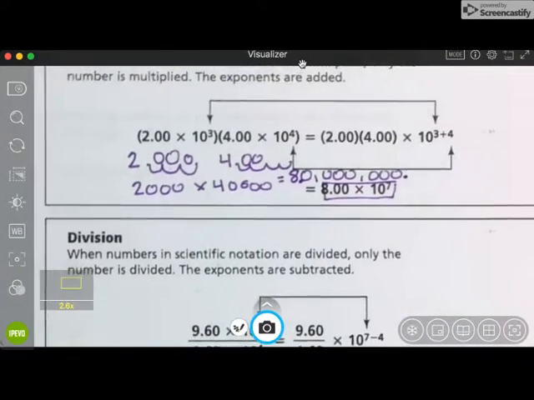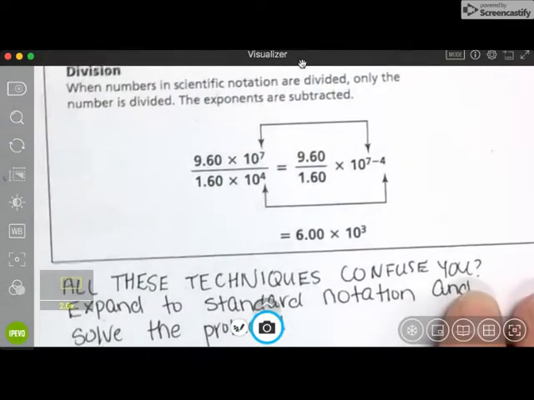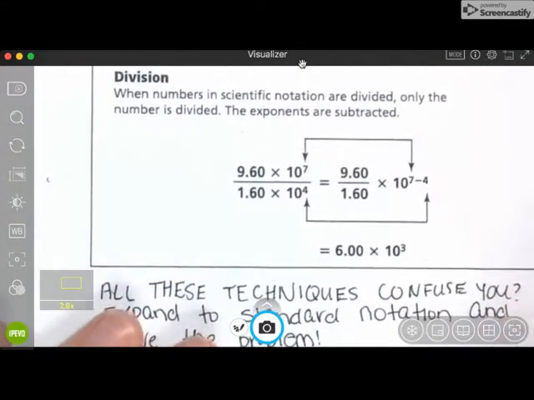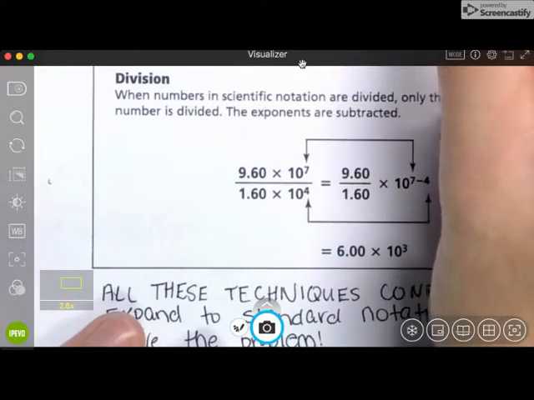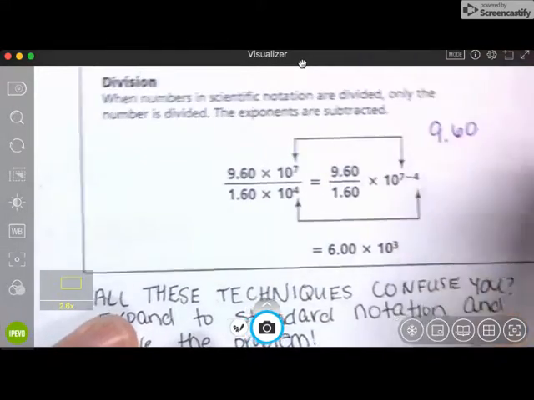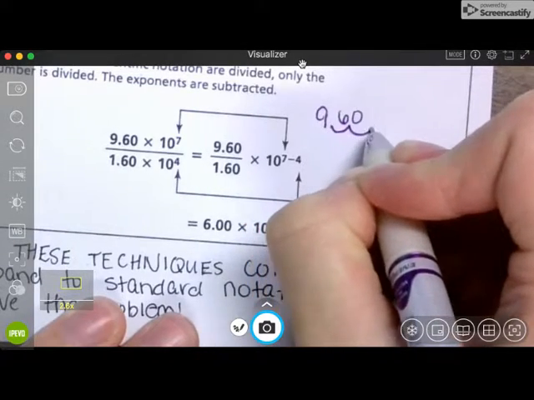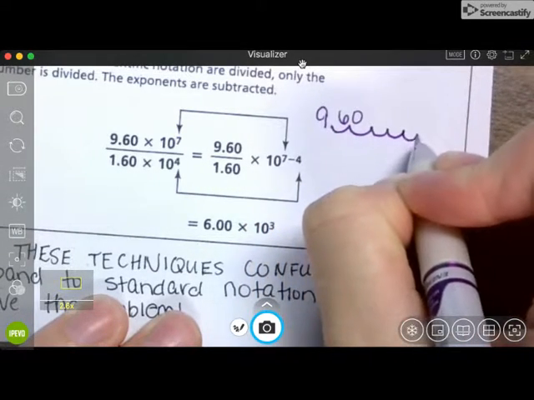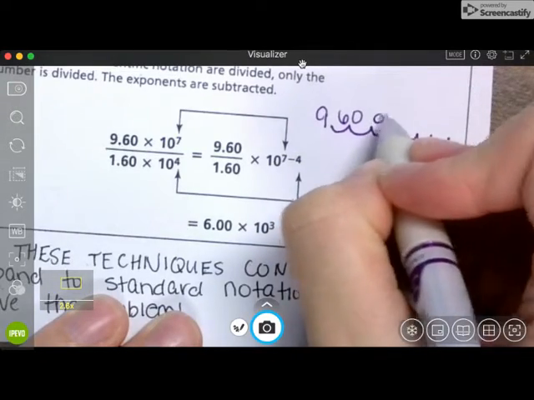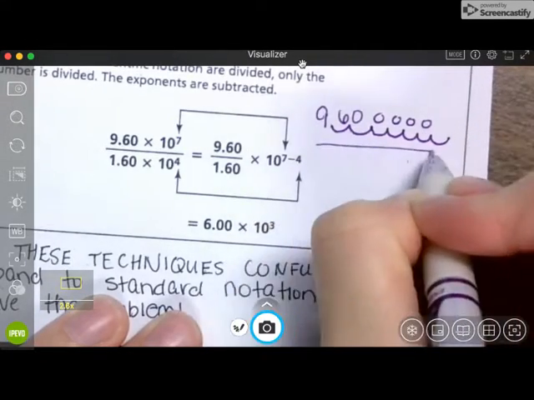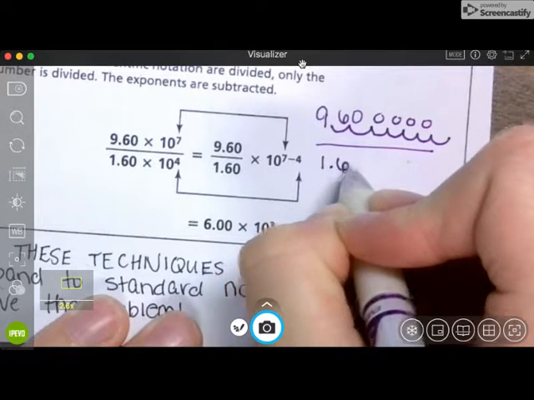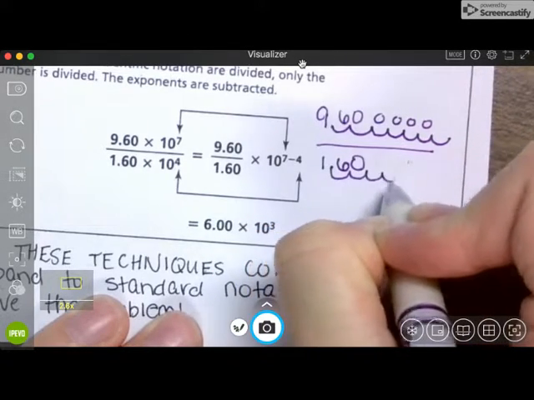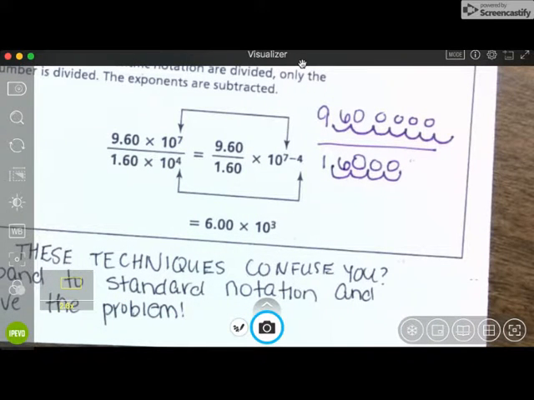Okay? For division, I'm going to take 9.60. I'm going to move my decimal 1, 2, 3, 4, 5, 6, 7 over or divided by 1.60, and I move it 1, 2, 3, 4. And then I do 960, 0, 0, 0, 0, divided by 160, 0, 0.